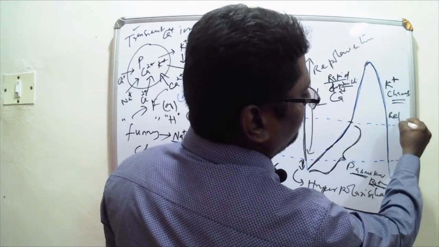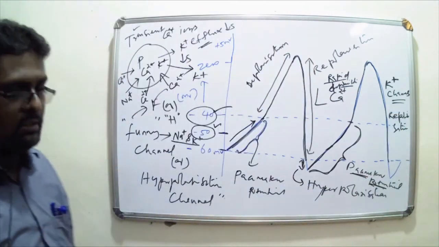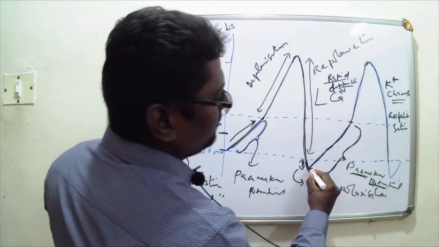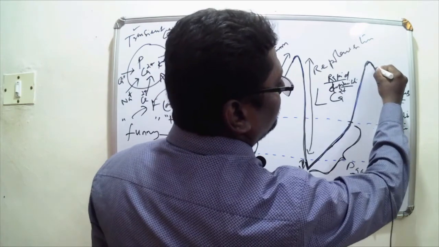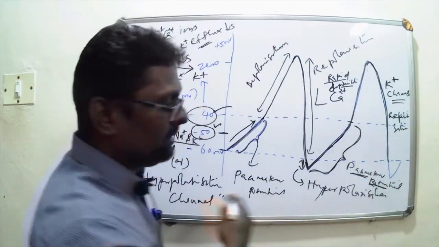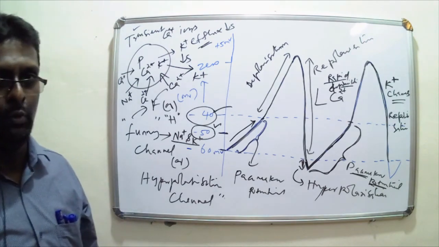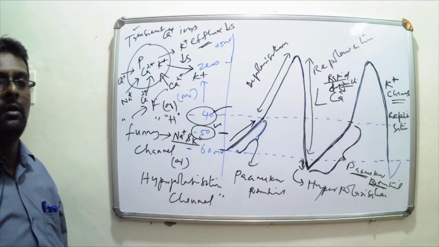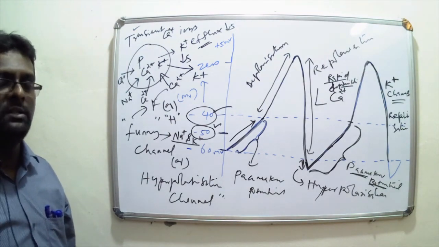So this process of hyperpolarization, pacemaker potential, depolarization, and repolarization keeps on continuing throughout our lifetime. This continuous sequence of events allows the heart to continuously beat throughout its lifespan.